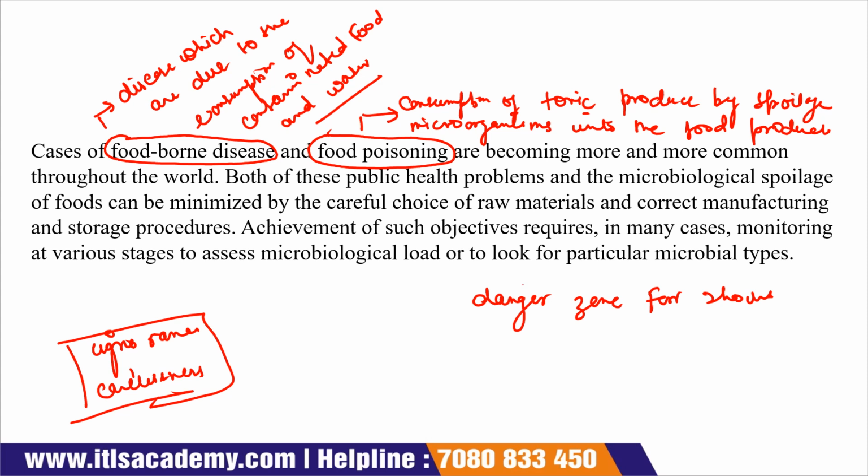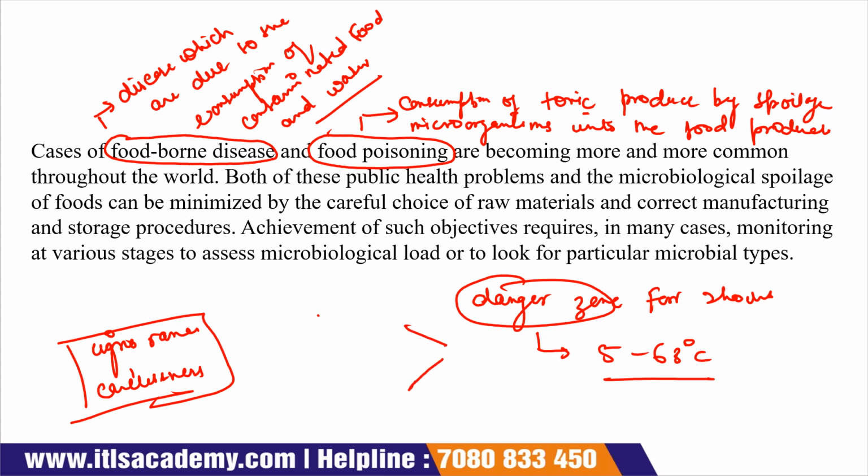Now, what is this danger zone? It means the temperature range between 5 to 63 degrees Celsius. So either we have to keep the food above 63 degrees Celsius, that is hot temperature, or below 5 degrees Celsius, that is cold temperature. Then we protect the food from microorganisms.